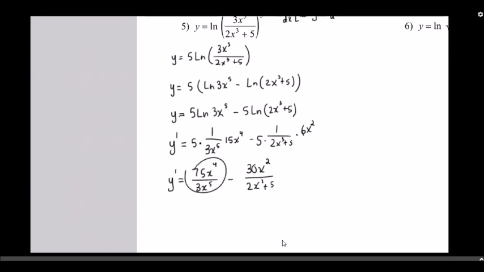We can simplify this fraction here. 75 divided by 3 is 25. X to the 4th divided by x to the 5th leaves an x on the bottom. So I've got 25 over x minus 30x squared over 2x cubed plus 5.